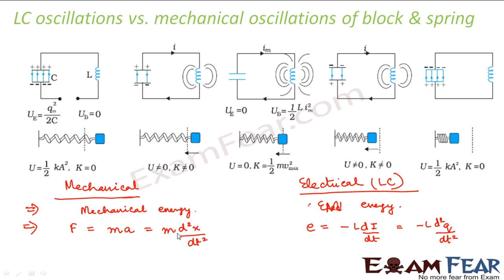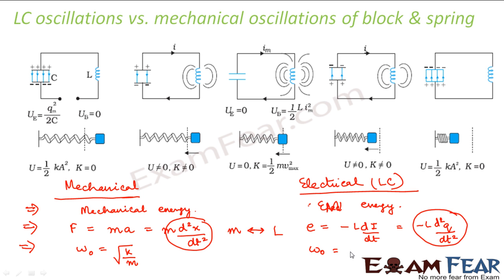If you compare these two expressions, you see that mass in the mechanical system is analogous to the self-inductance in the electrical circuit. Also, in a mechanical system, the frequency is given as root over k by m, where k is the spring constant.